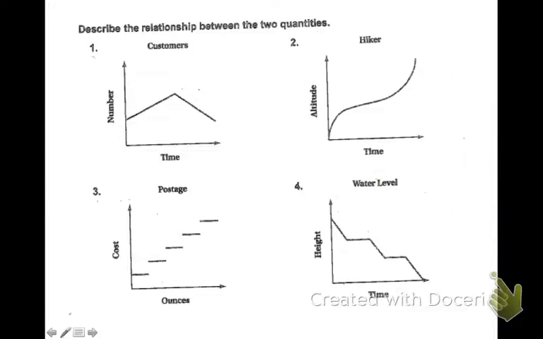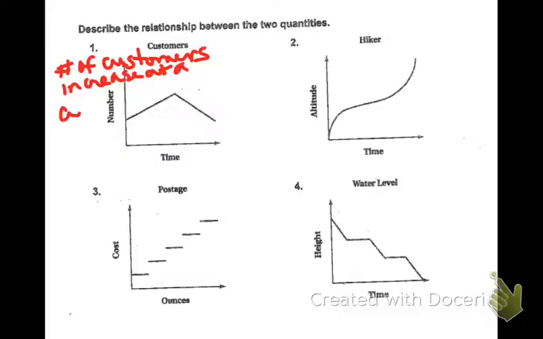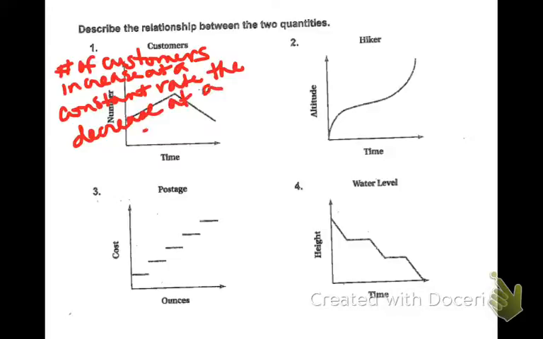Describe the relationship between the two quantities. So looking at the number of customers over time, you could say the number of customers increase at a constant rate, then decrease at a constant rate.